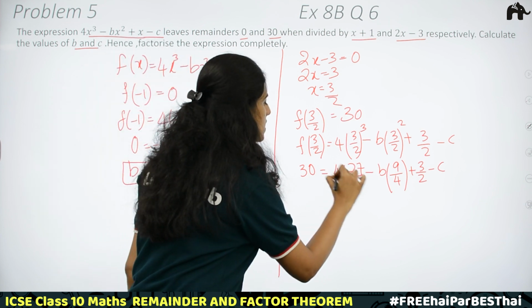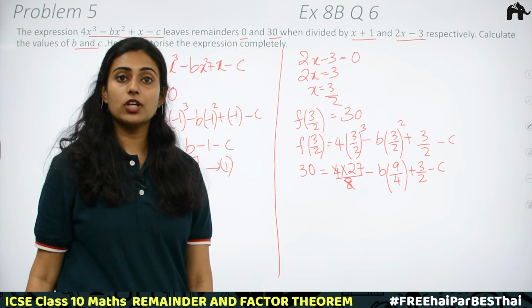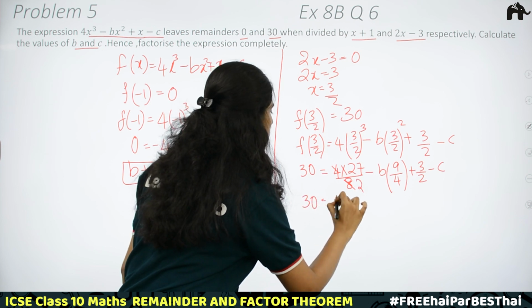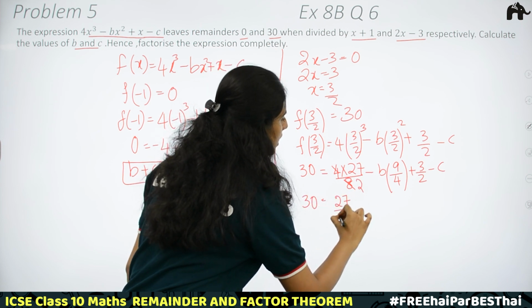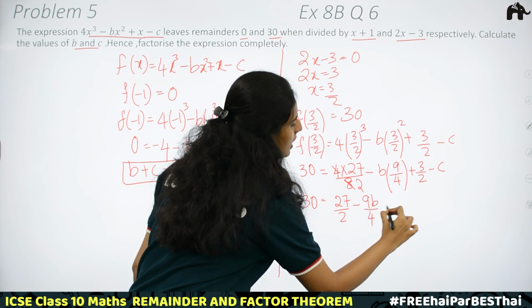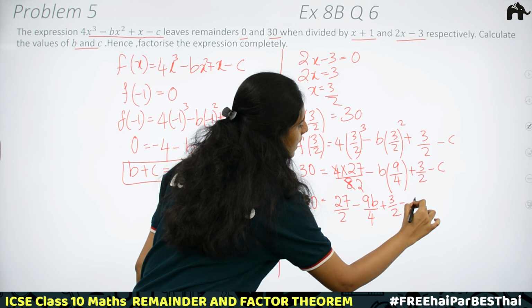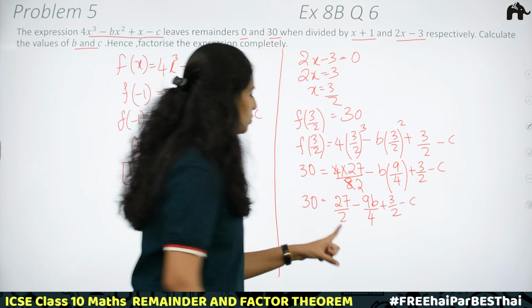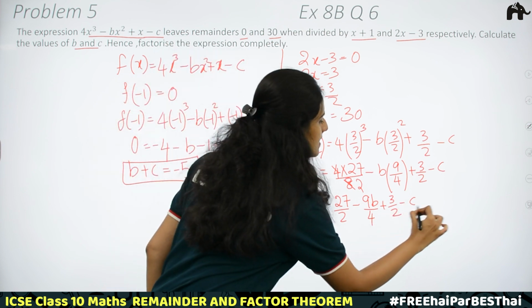Now, this 4 and 8 can be cancelled. 4 into 2 is 8. We have 30 is equal to 27 divided by 2 minus 9b divided by 4 plus 3 by 2 minus c. Now taking LCM. Here denominators we have 2, 4, 2 and this is 1.